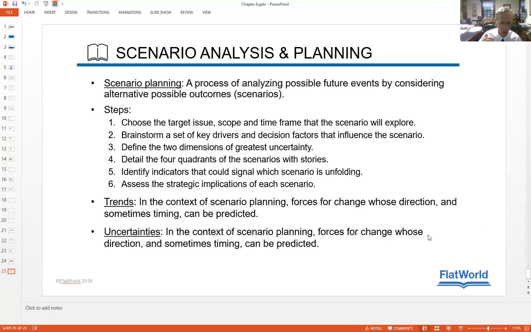So the 6 steps that you see here are the author's suggestions, and they're not bad, for going through the process of contingency planning. Each scenario, each combination of changed business conditions is a contingency. Contingency planning then tries to acknowledge that in the future, business conditions won't be as they are now.